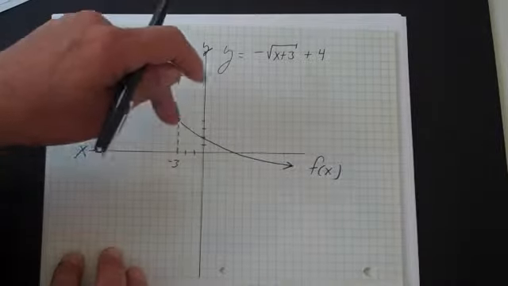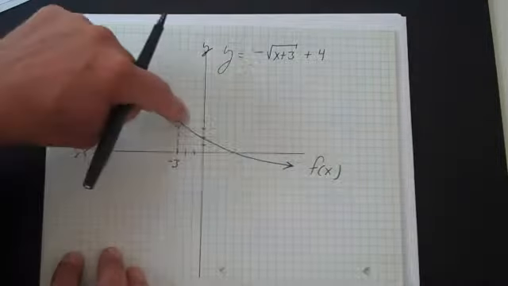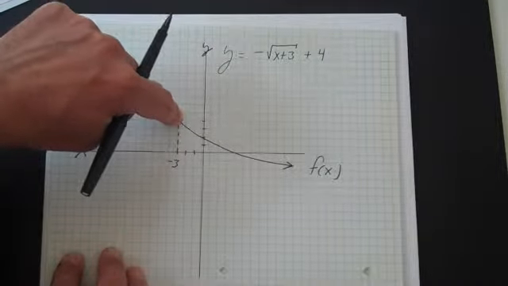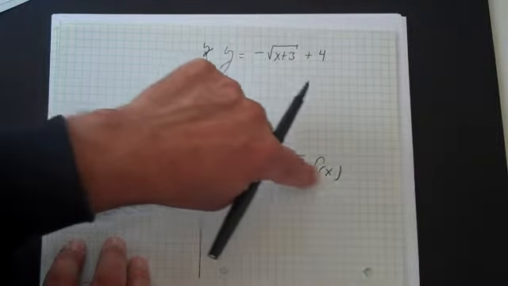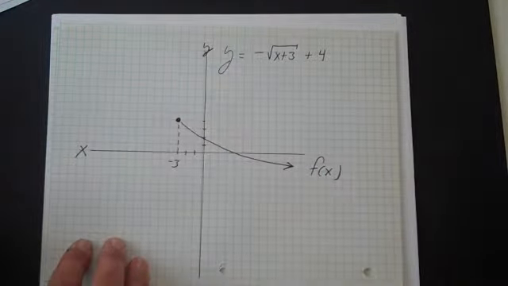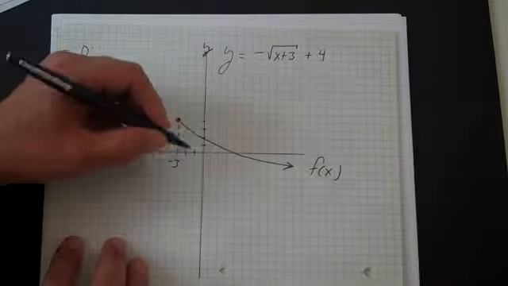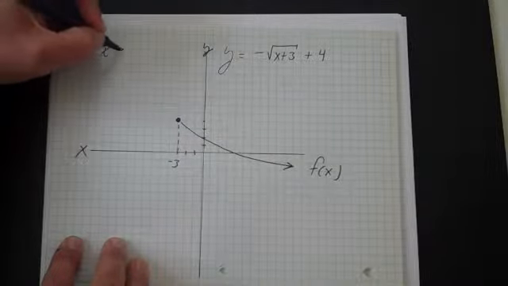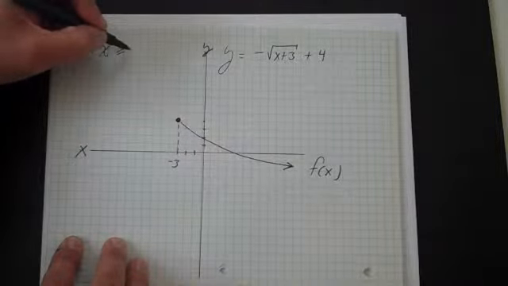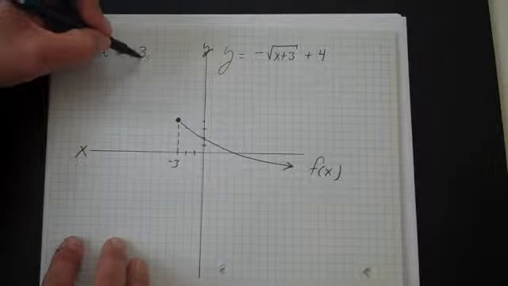Since you draw this arrow, it's implied that the graph continues in this direction. So x can be everything bigger than minus 3, it can be minus 3 as well, and it can go all the way to infinity. In this notation, x is greater than or equal to minus 3.